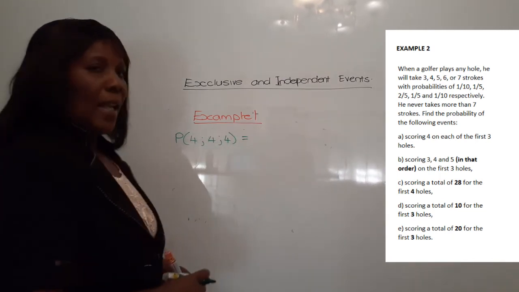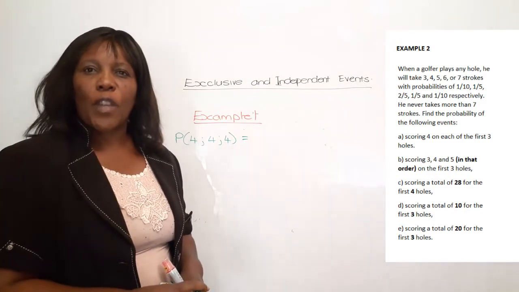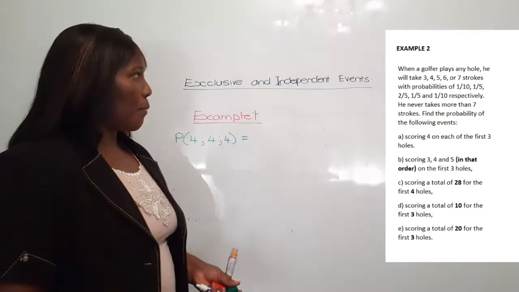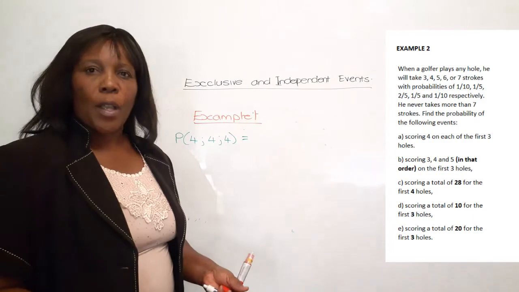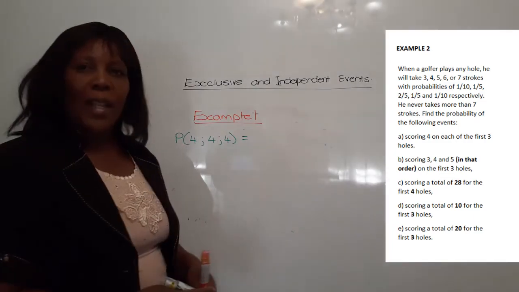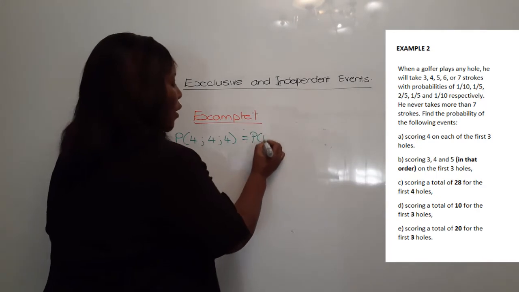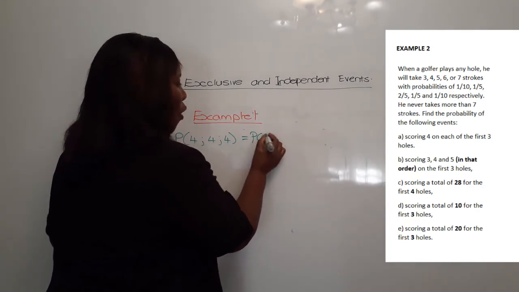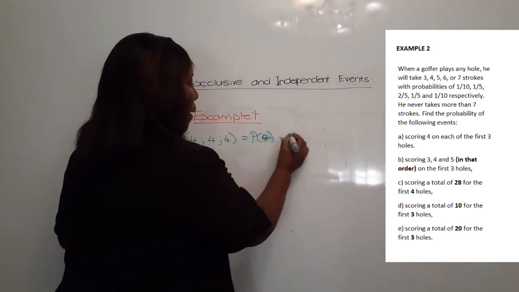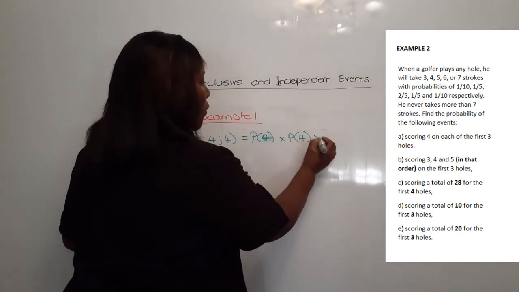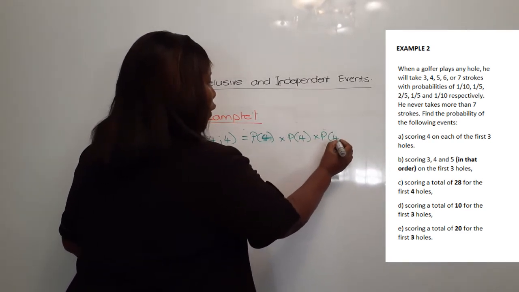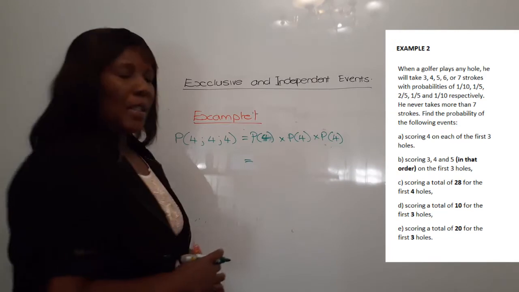And this is another example of events that are independent, and they have got to multiply each other if they're independent using the rule. So it's probability of a 4 multiplied by probability of a 4 multiplied by a probability of a 4.